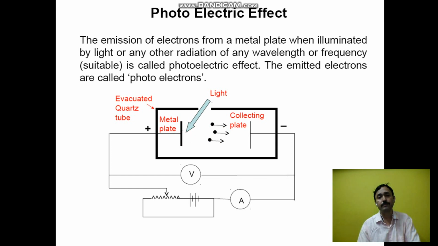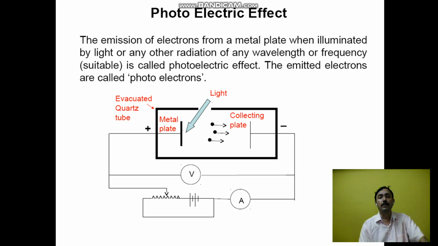That means it looks like the electrons are just waiting on the surface and they are ready to get energy and to move, but they are obstructed by the negativity of the collecting plate. So the potential for which the electrons are just on the metal surface, that means there is no liberation of electrons, is known as stopping potential.